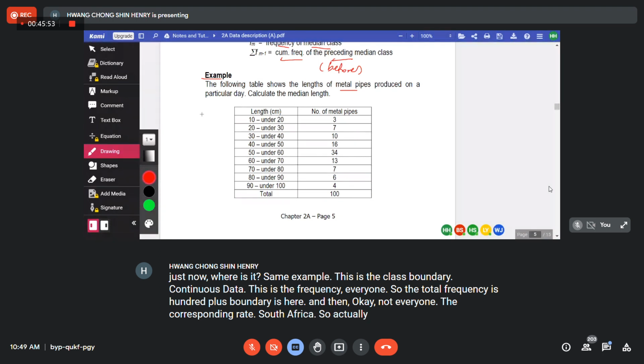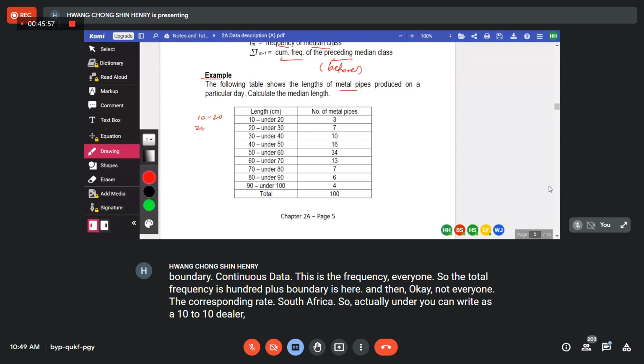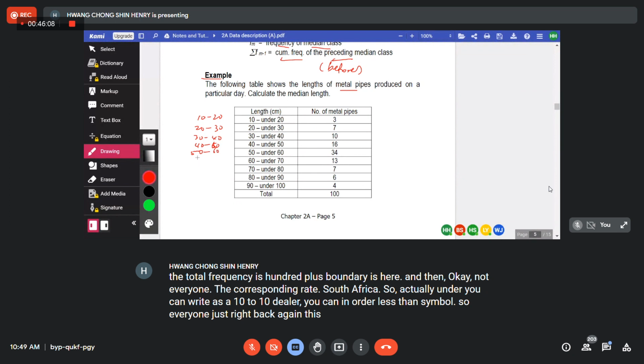Actually you can write it as 10 to 20. You can ignore the less than symbol. So everyone, just write back again this class boundary.